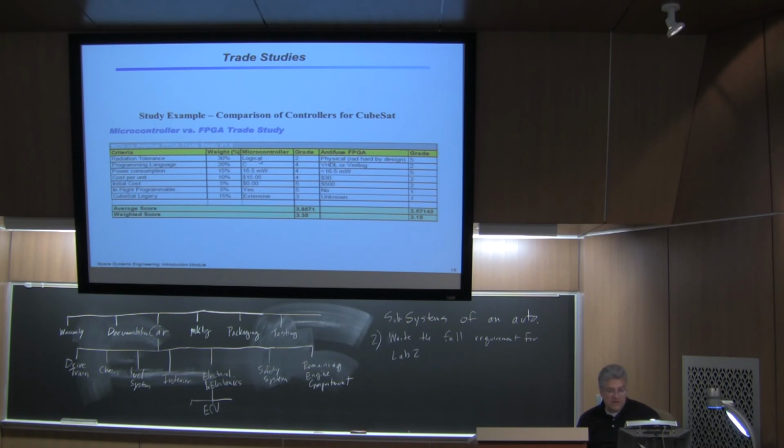It looked like the anti-fuse FPGA did a really good job versus the microcontroller unit. But in the end, they found it difficult to reprogram in space, and on legacy, microcontrollers have been used extensively in the projects.